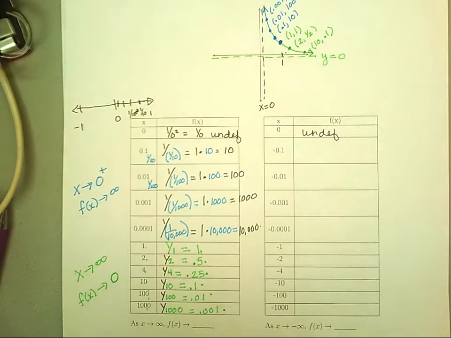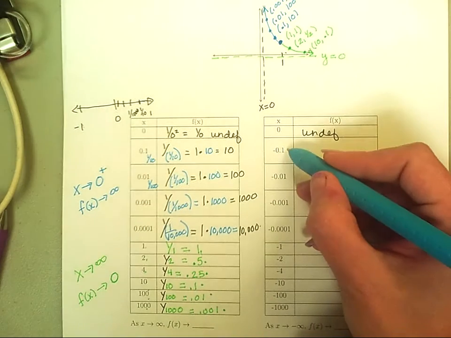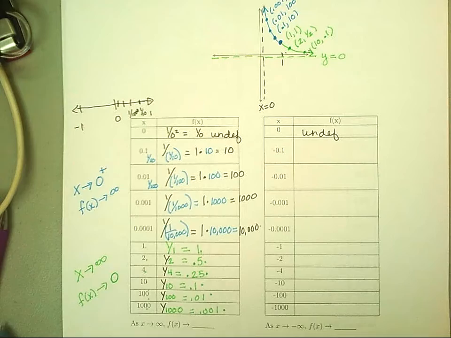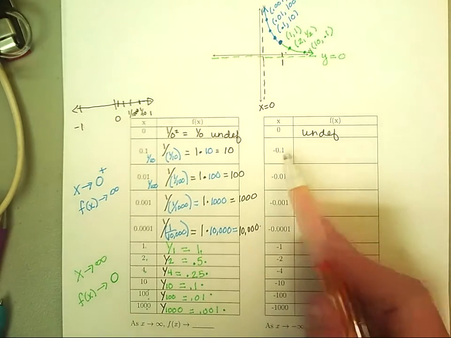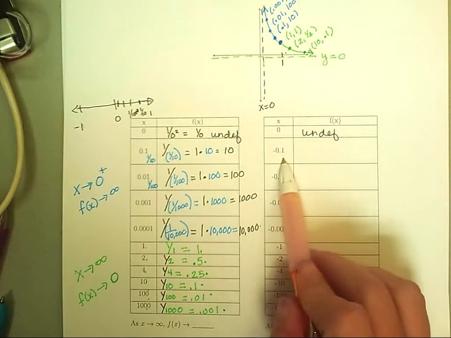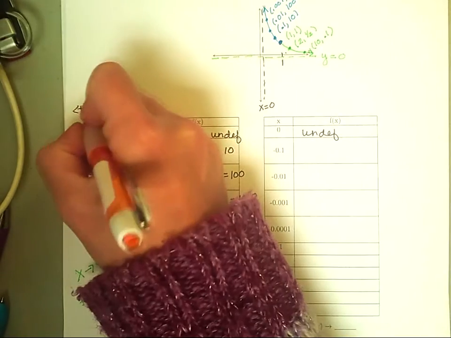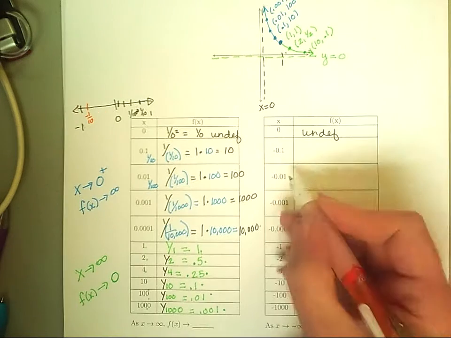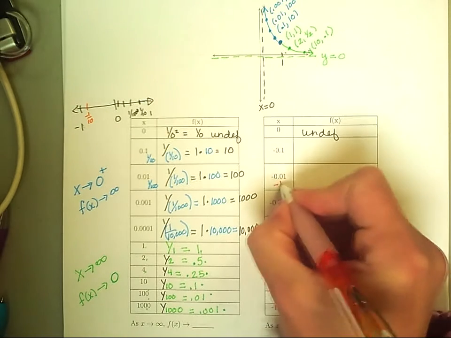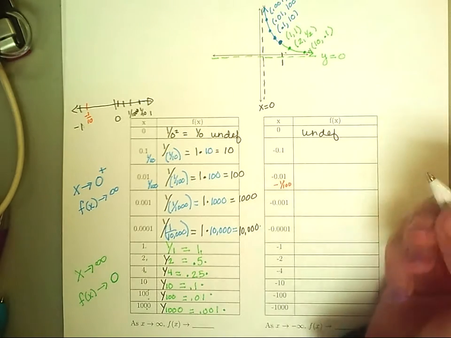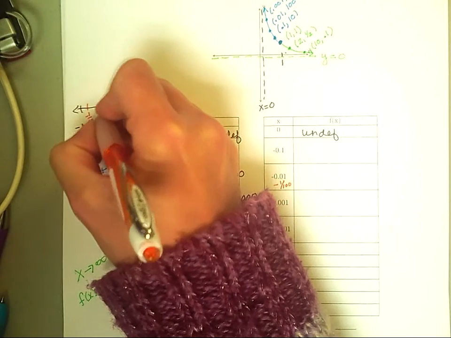And now we have to think, okay, what's being asked of us in this second column? Well, here, I have negative 0.10, so negative 1/10, and then negative 1/100. Okay. So that's even closer to 0.